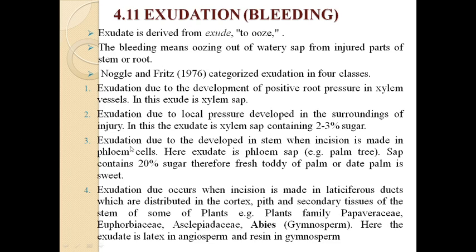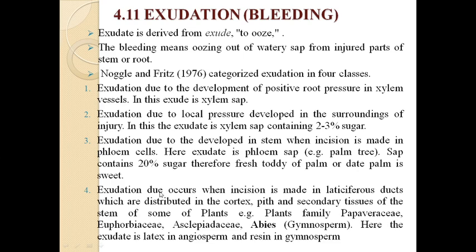The third type is exudation developed in the stem when an incision is made in the phloem cells. Here the exudate is phloem sap. It occurs in palm trees. The sap contains 20% sugar, and therefore the fresh sap, also called toddy of palm, or the date palm, is sweet.